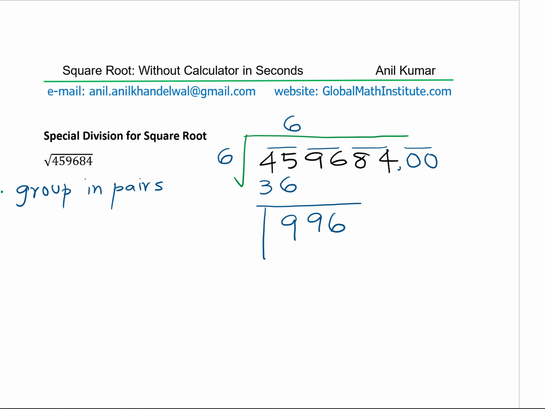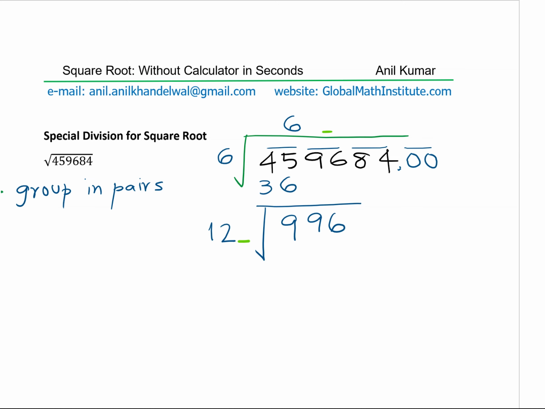Then we have to further do this division. Now in this special division, we'll multiply the quotient by 2. So instead of 6, we'll write the number 12 here, and then we'll try to figure out a number which should be the same in these two positions, which we can multiply by, and then continue with our division.